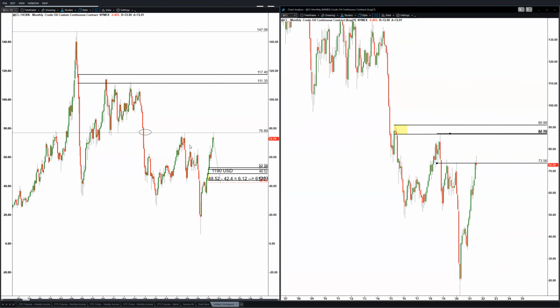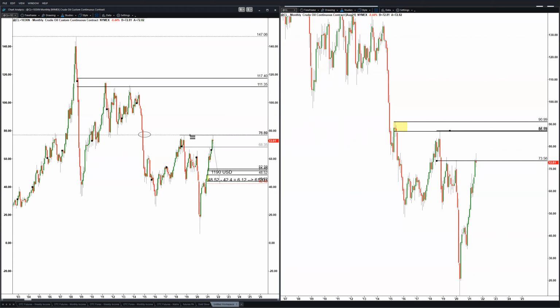Whereas here, on the unadjusted chart, we are already on that top. We are in the same area where price once also collapsed. So here we could anyway say, if we compare both charts, here we are in a supply zone, and here we are also in this major supply zone.